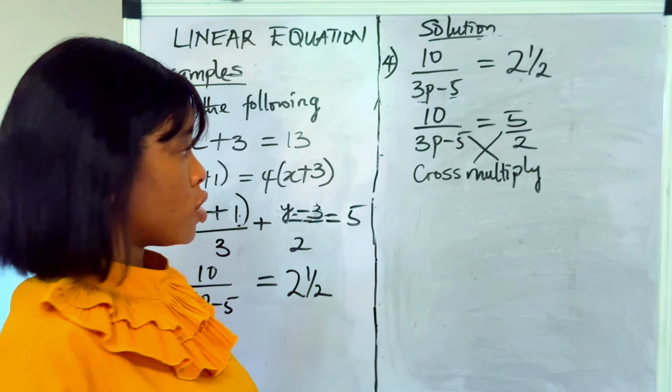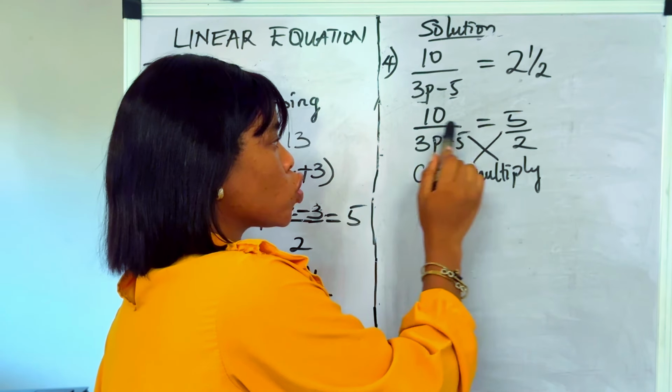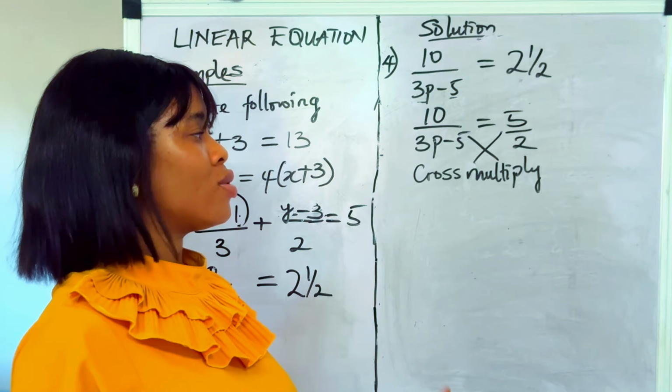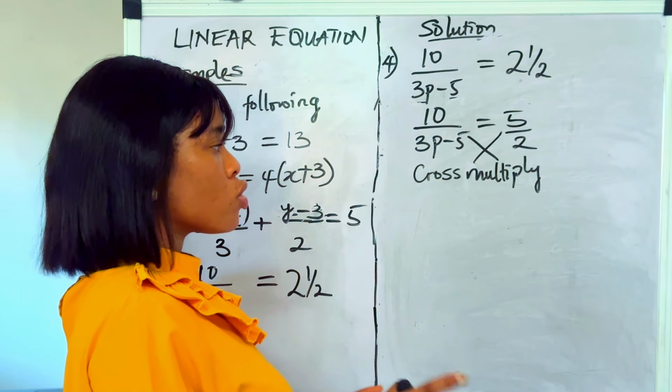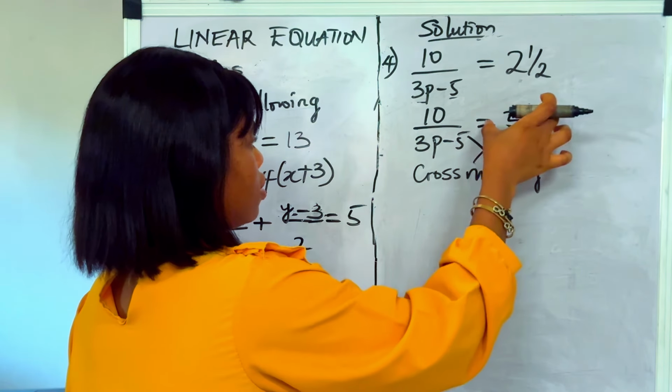The reason is because there's an equal sign in between the two fractions. So that's why we are cross multiplying.